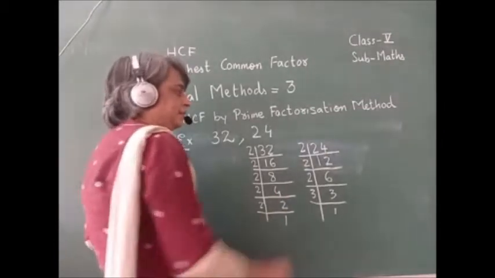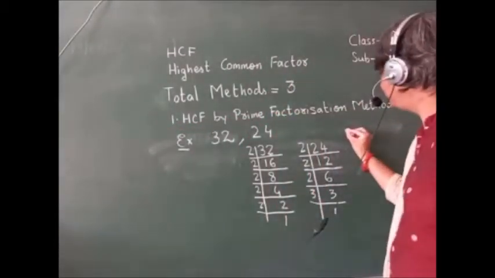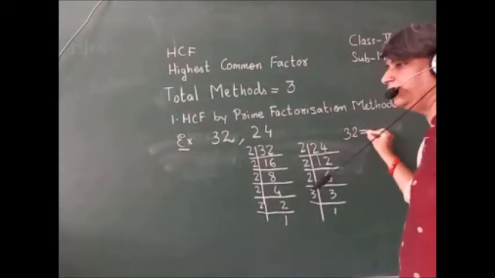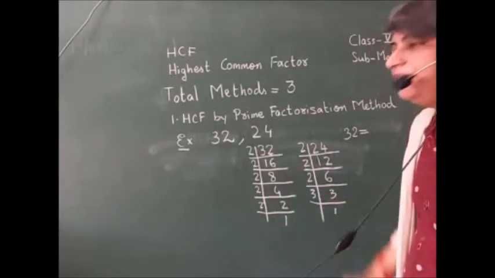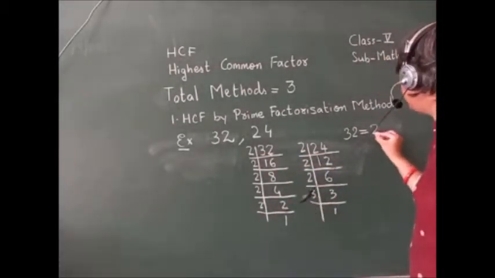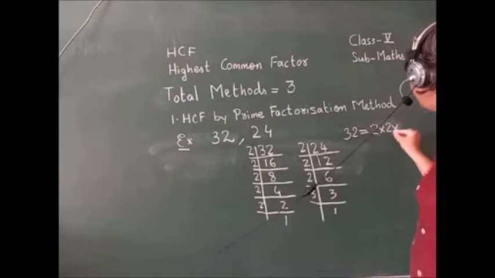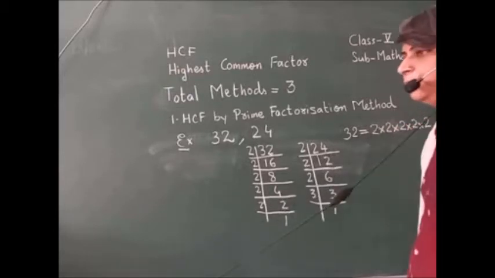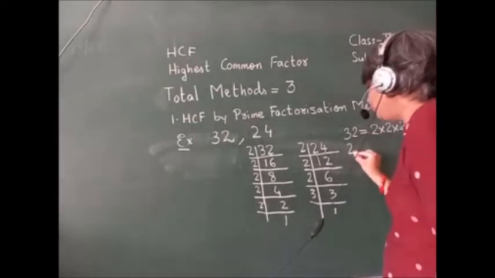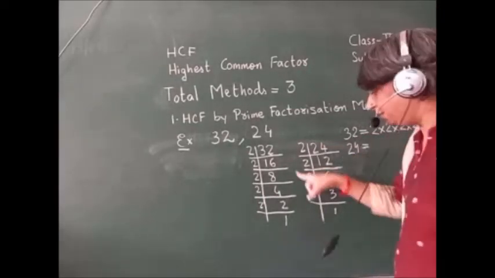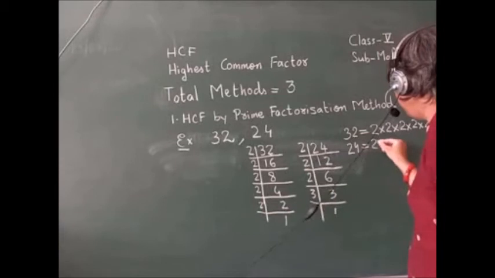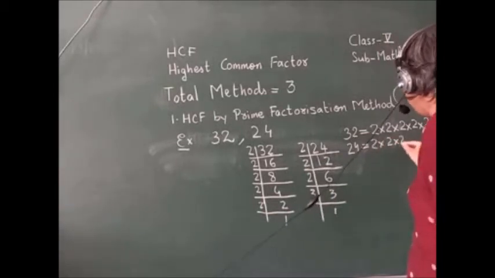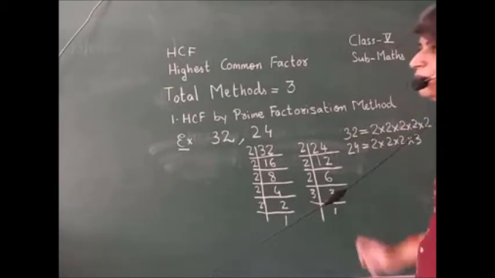Now, next step. Write down here 32 is equal to, how many times have I written 2 here? 5 times. 2 multiply by 2, multiply by 2, multiply by 2, multiply by 2. Similarly, I will write here 24: 3 times 2, so 2 multiply by 2, multiply by 2, and then 3.